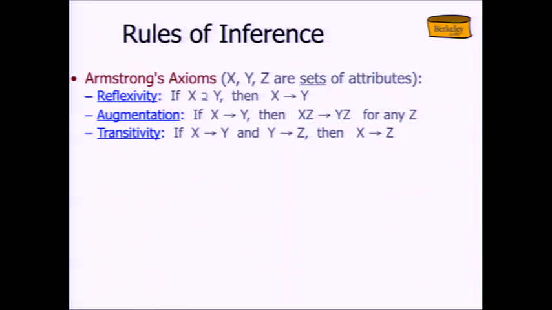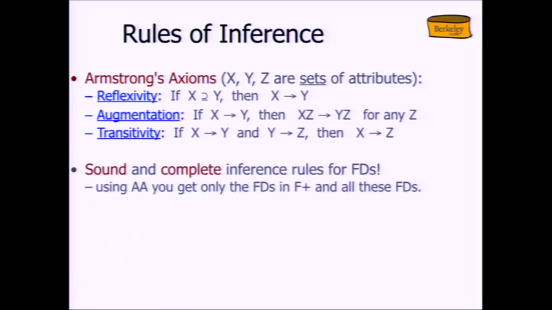So to create this system that allows us to get from one functional dependency to another, we're going to use Armstrong's axioms. This is a set of 3 axioms: reflexivity, augmentation, and transitivity, such that if we start out with some functional dependency, we can use one of these 3 rules to get to another functional dependency. In fact, these rules are sound and complete.